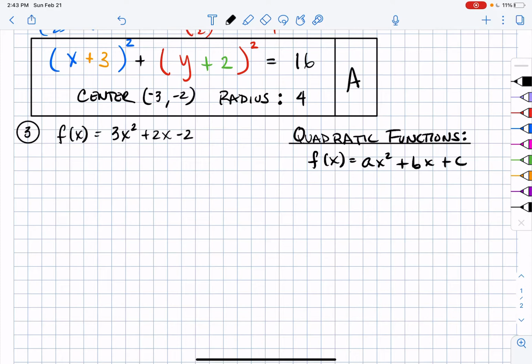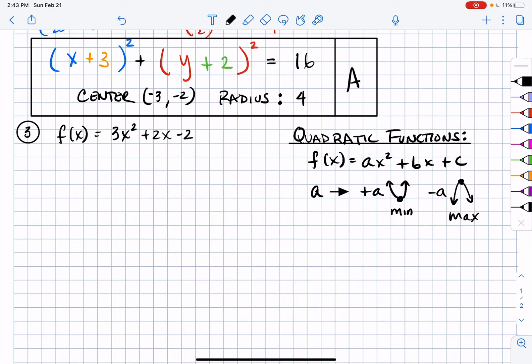It's partly the same in that the a still determines the shape. If A is positive, it smiles, which means the vertex is going to be a minimum. And if A is negative, then it's going to be a frowny face, where this is going to be a maximum.